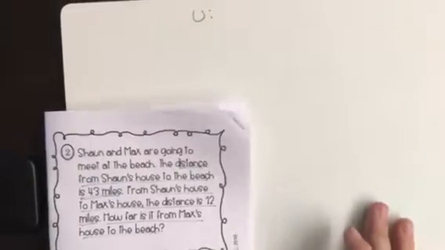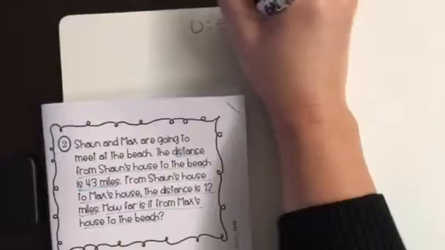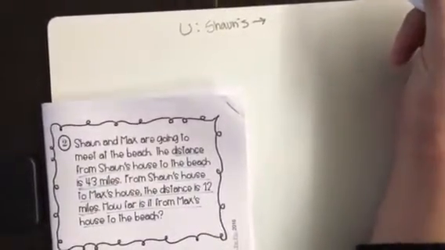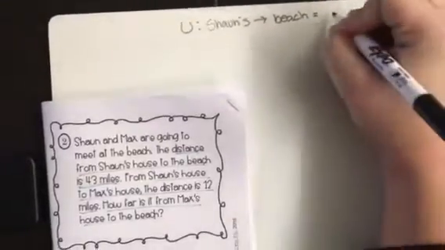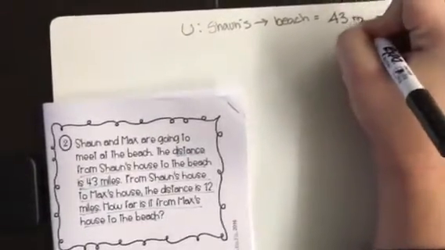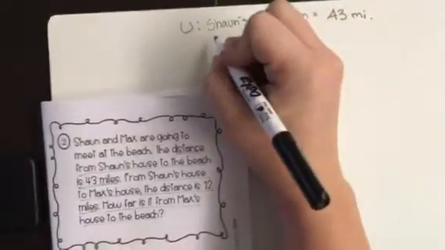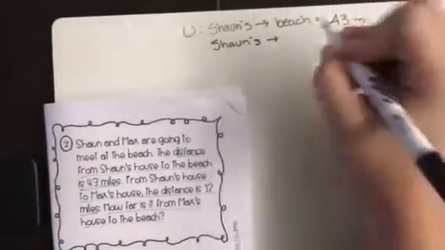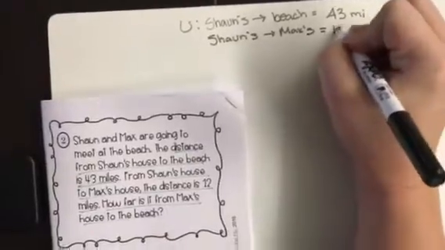So for this one, I would probably write: from Sean's to the beach is 43 miles. And then from Sean's to Max is 12 miles.